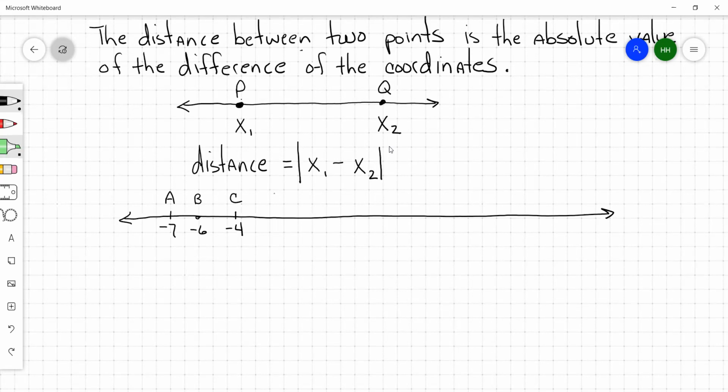D is at -2. E is at 2. F is at 5. We're going to find each measure.